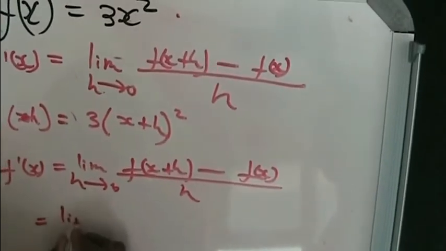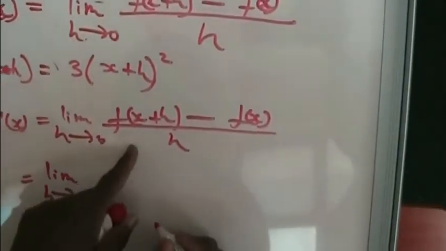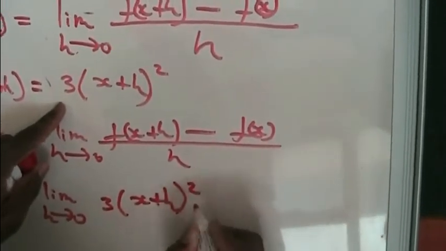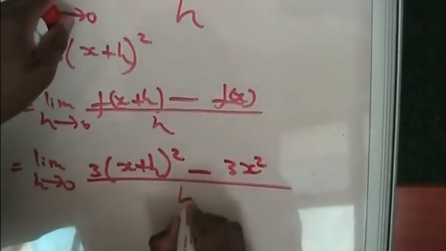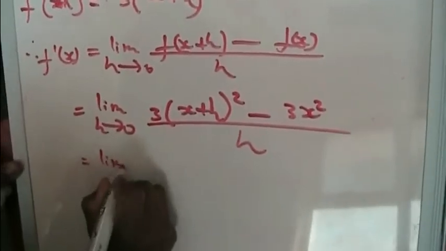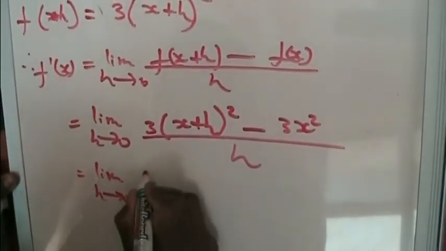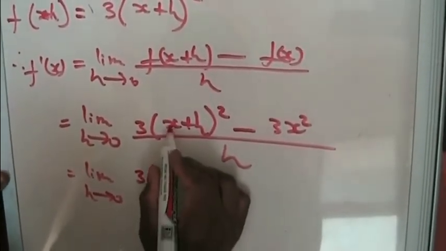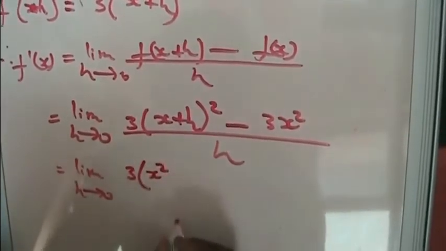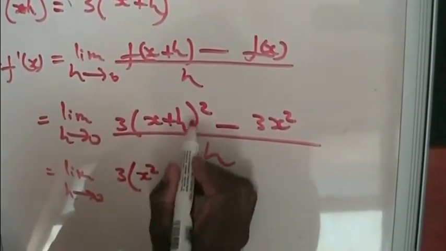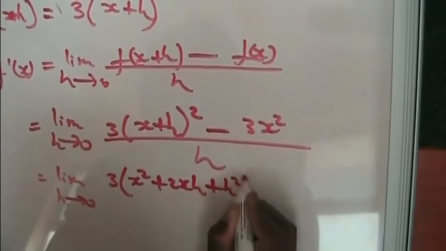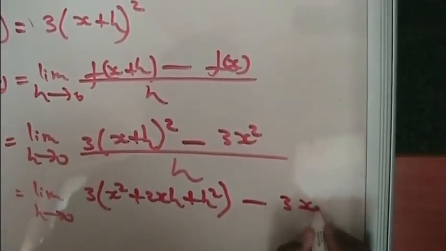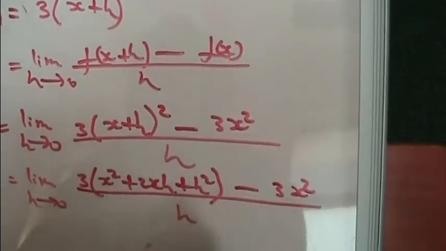Therefore, it is equal to limit as h tends to 0 of 3 into x plus h all squared minus 3x squared over h, which is limit as h tends to 0 of 3 into x times x is x squared, x times h is xh times 2 is 2xh, h times h is plus h squared, minus 3x squared over h.